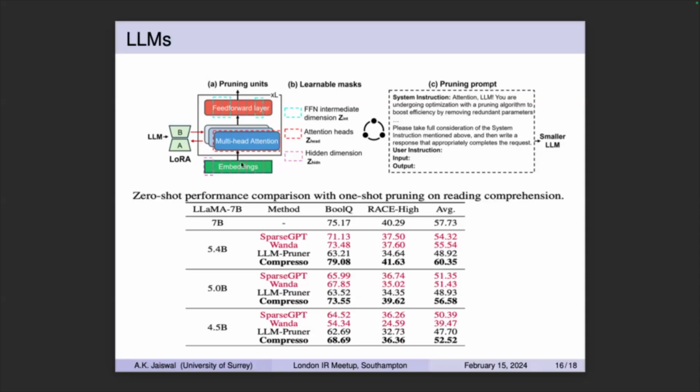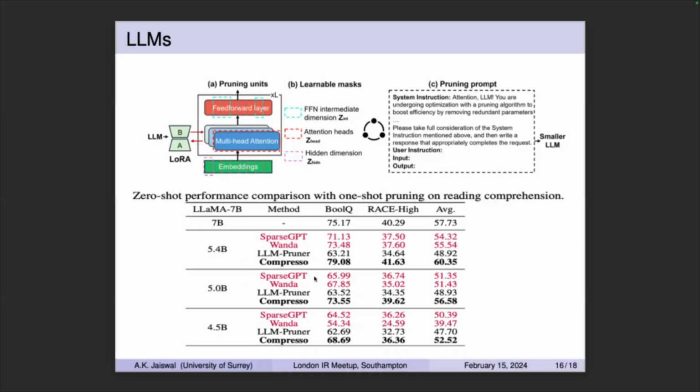So on Llama 7 billion, these are the reduced ones. We compress down to 5.4, 5, and 4.5 and even lower, but when it goes to 2.5, it doesn't perform better.